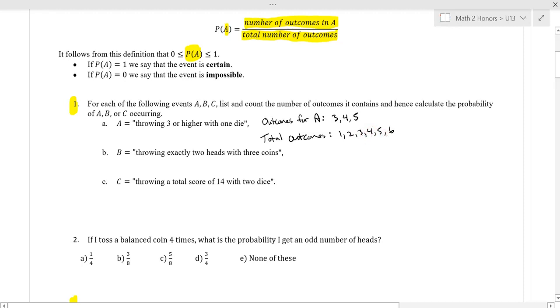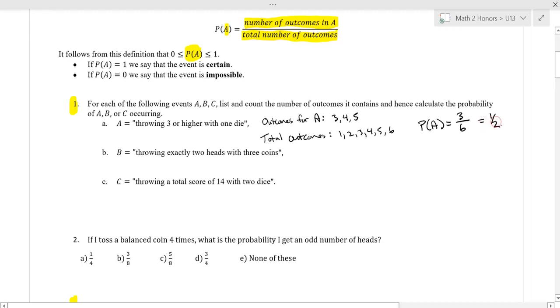So I'm asked to list them and count the number of outcomes. We have 4 outcomes for A and 6 outcomes for the total. And so the probability of A here is going to be 4 out of 6, because we got 4 outcomes for A divided by the total number of outcomes, which is 2/3.